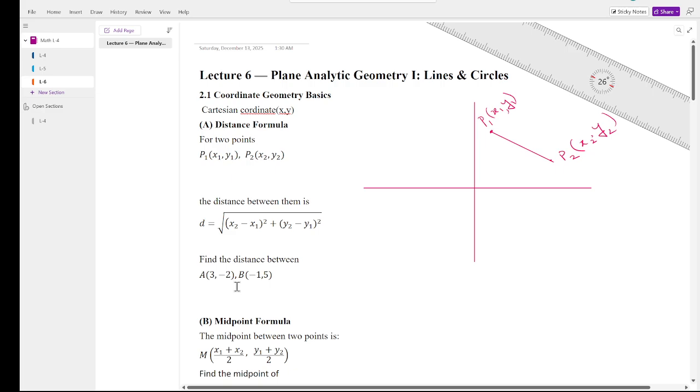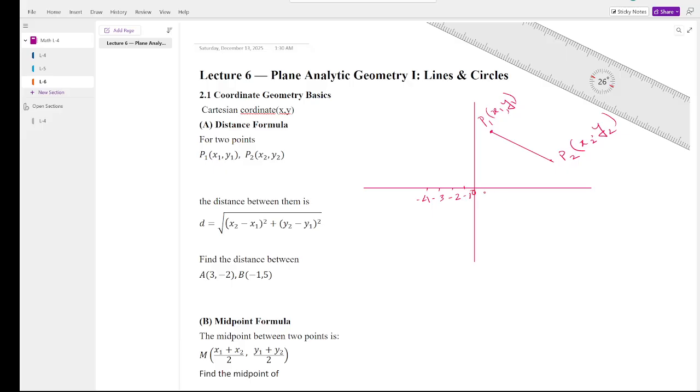We'll look at an example here. Find the distance between A equal (3, minus 2) and B equal (minus 1, 5). So if we select the axes, we mark 1, 2, 3, 4, then minus 1, minus 2, minus 3, minus 4.